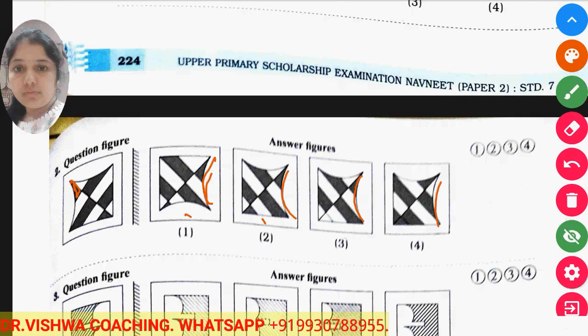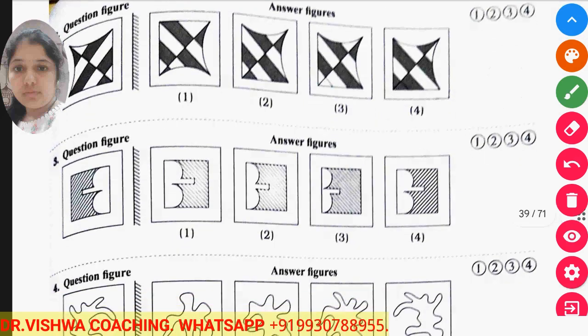Then this is also there, this is also there, but this is not the correct option. Now between these two, which is the correct one? If you look carefully, this shaded triangle is very small, but it is very big here. So option number 2 is the correct option. Good. Okay. So like this you can find for the mirror images.